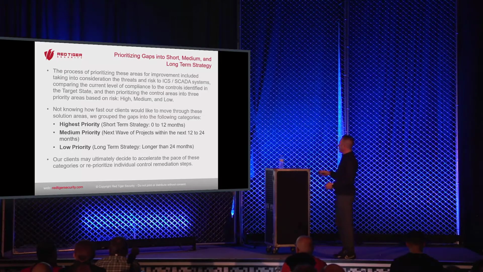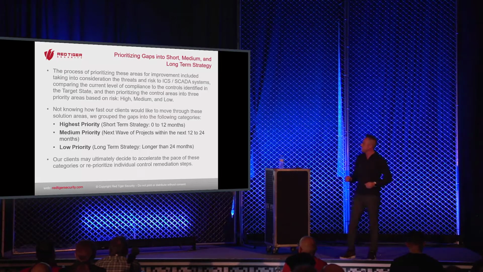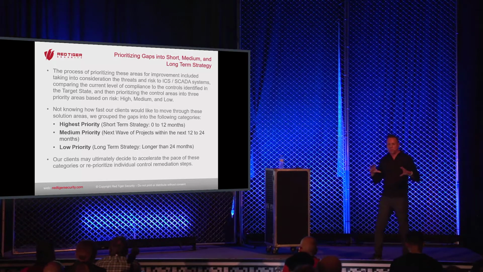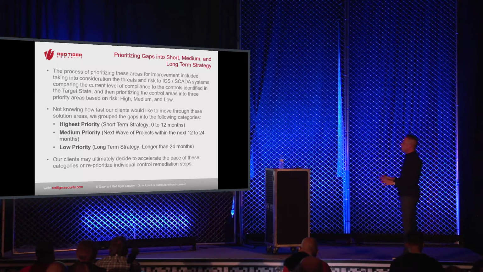And what we like to do is take all of the high risk critical findings from the technical side, from the assessments we did at the plant, and also the highest priority control gaps from the NIST framework assessment, and put those together into a year one plan. So say I want to take all the reds and oranges out of my gaps, basically tackle the highest risk items first.